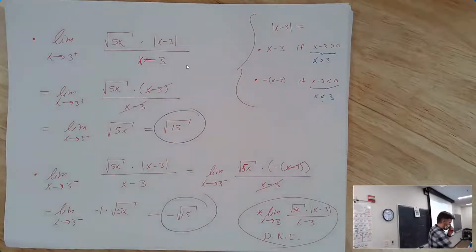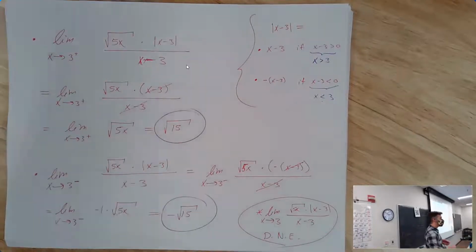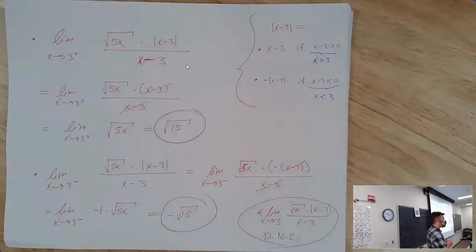Questions about this? Yeah. Does the limit usually just not exist when it's the point on the graph that's intersecting the x-axis, or if it was a different point, would it not exist on both sides? I guess I'm not sure what you mean.